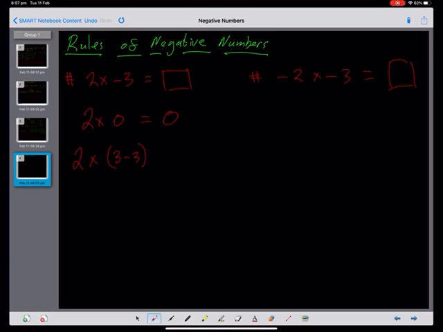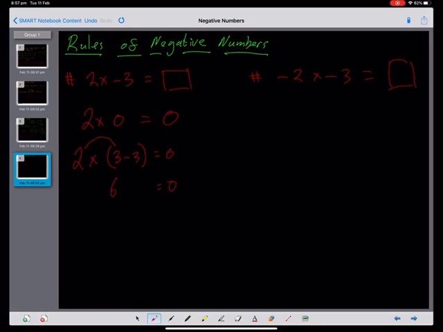Okay, so let's distribute this. We got 2 times 3 is 6, but we don't know what a positive times a negative is. But we know the answer must be 0, because 2 times 0 is 0.